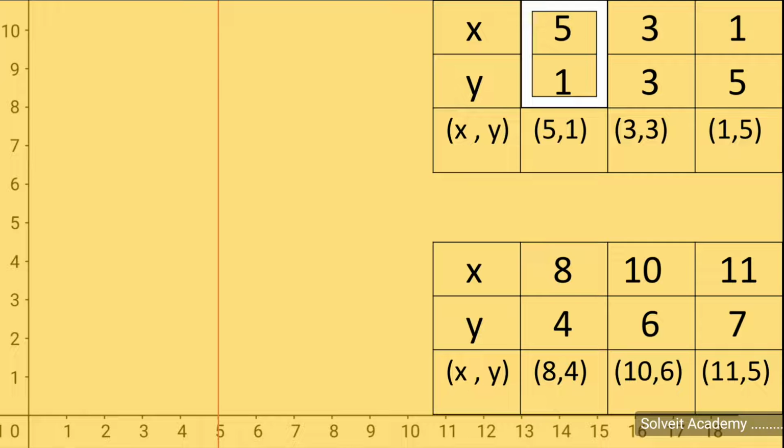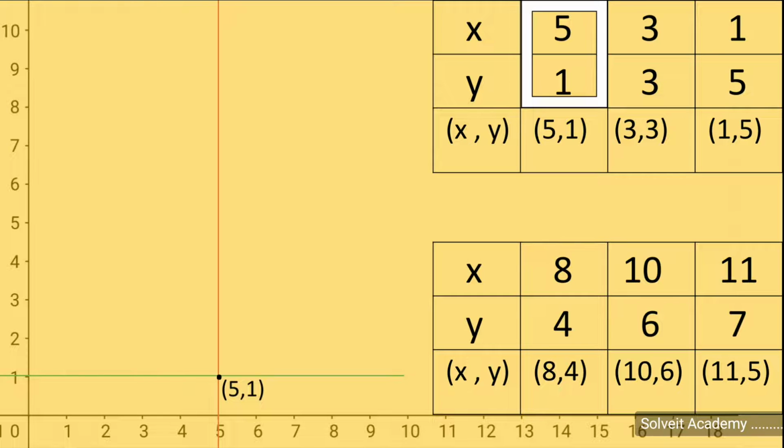Now the y is 1, so a line will cut the y-axis at the point of 1. These two lines are intersecting at a point, and that intersecting point is the required point whose x coordinate is 5 and y coordinate is 1, or we can write it as 5 comma 1, which means that x is 5 and y is 1.